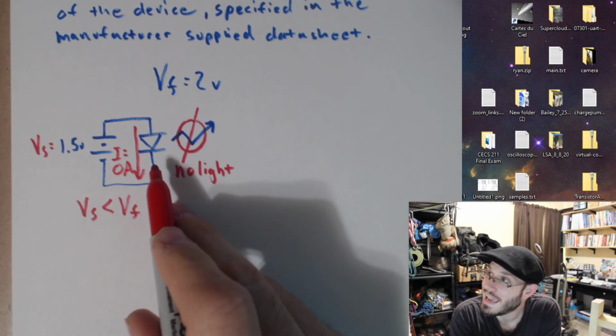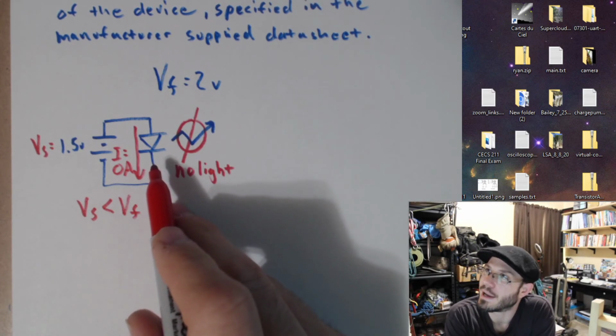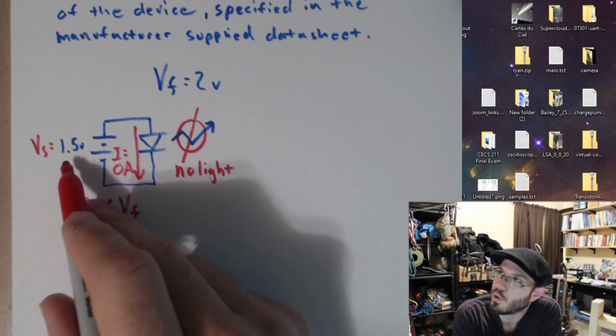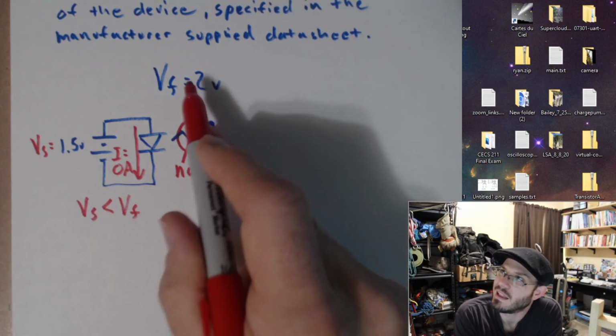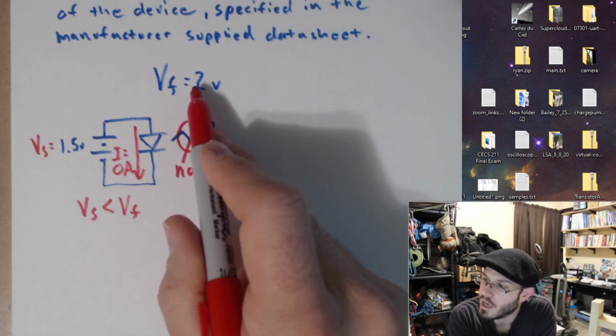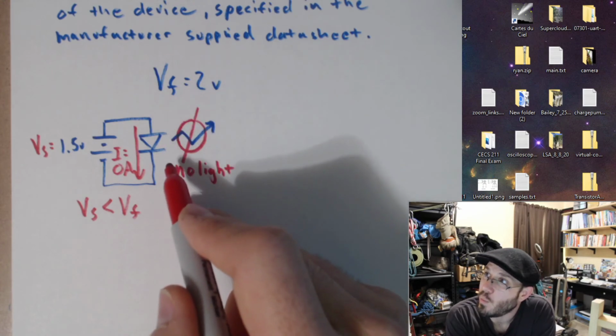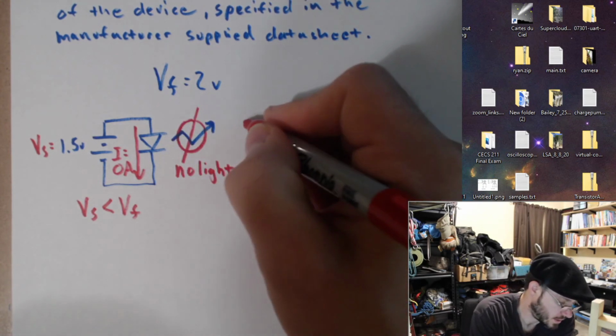So just like a reverse biased diode, if our applied voltage is less than the forward voltage of the diode, then it will not conduct.